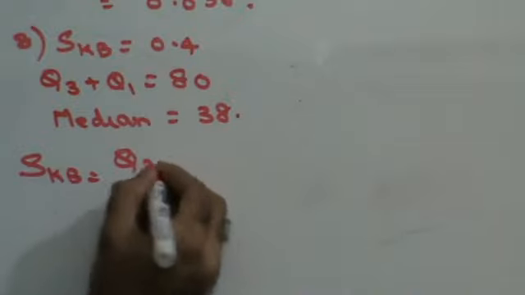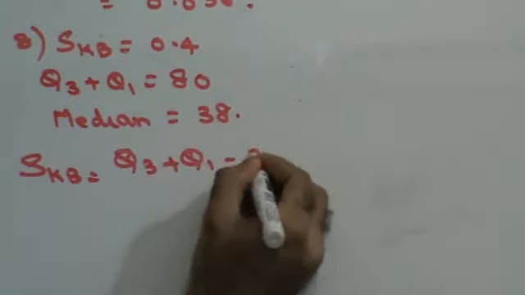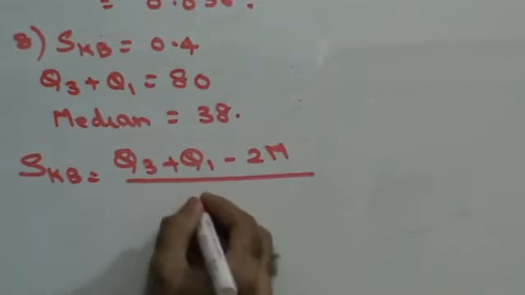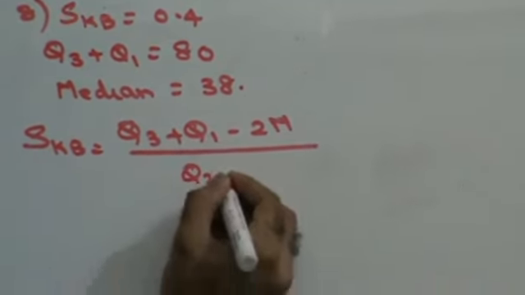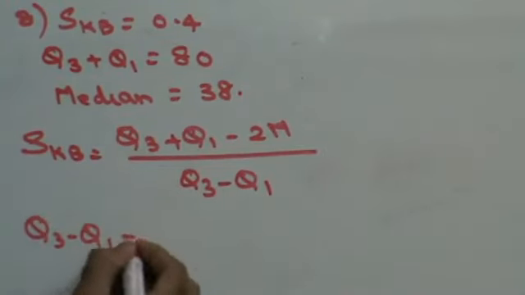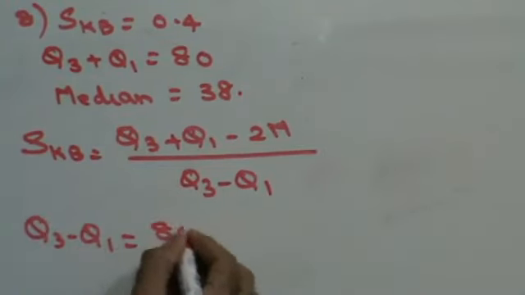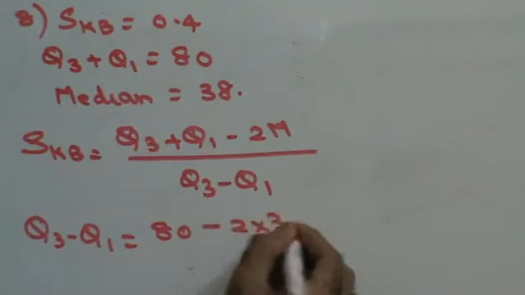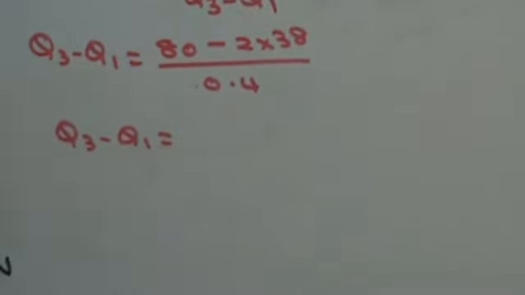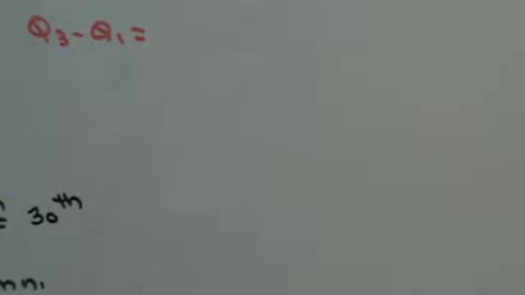Now Bowley's coefficient is given by the formula Q1 plus Q3 minus twice median upon Q3 minus Q1. If I cross multiply, I'll get Q3 minus Q1 is 80 minus twice into 38 upon 0.4. When you solve this, you will get Q3 minus Q1 is equal to 10.